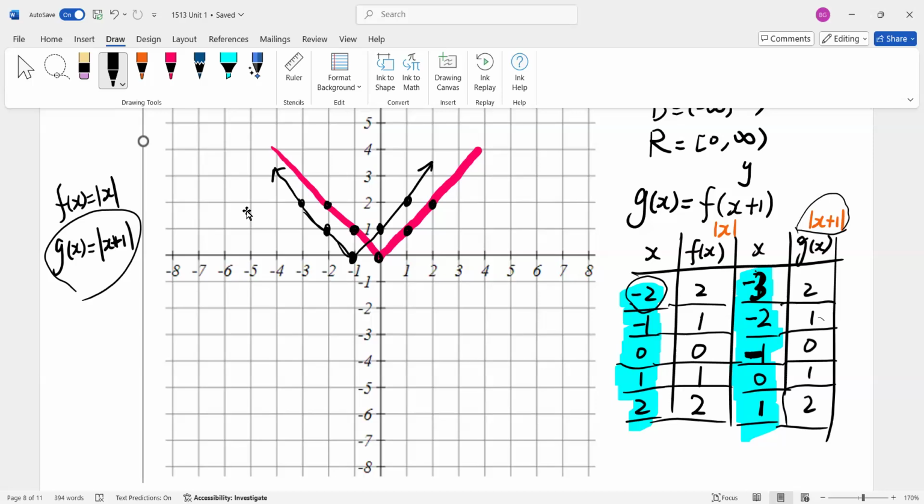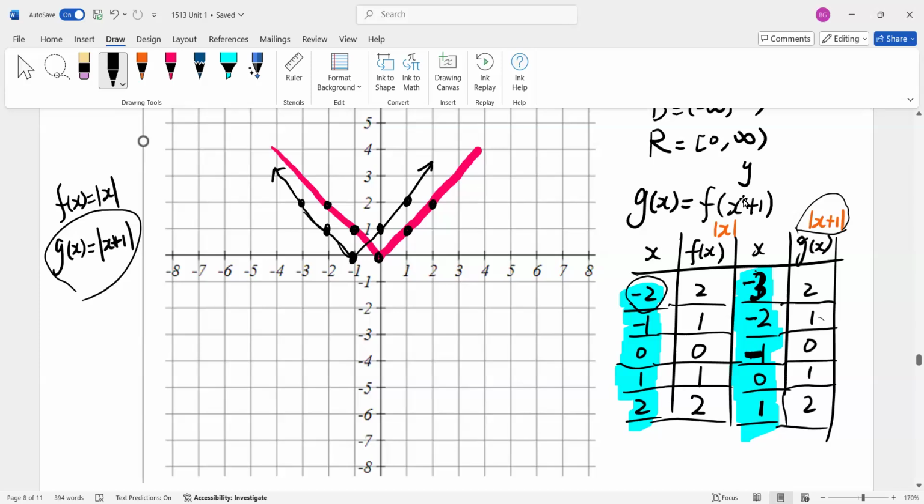This part might be the challenge, one of the challenging parts. When we add 1 to x, the graph of the mother function shifts to the left 1 unit. Do you see it? The reason is because the value of x, you add 1 to value of x.